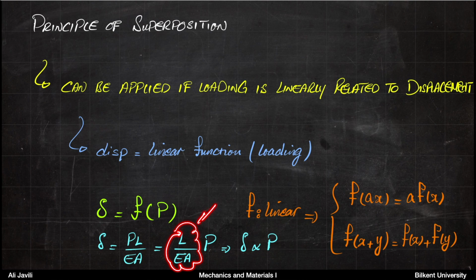So this would be just a coefficient, and if delta is proportional to P, that means it's a linear function of P. And basically, for axial loading, you can use the principle of superposition.